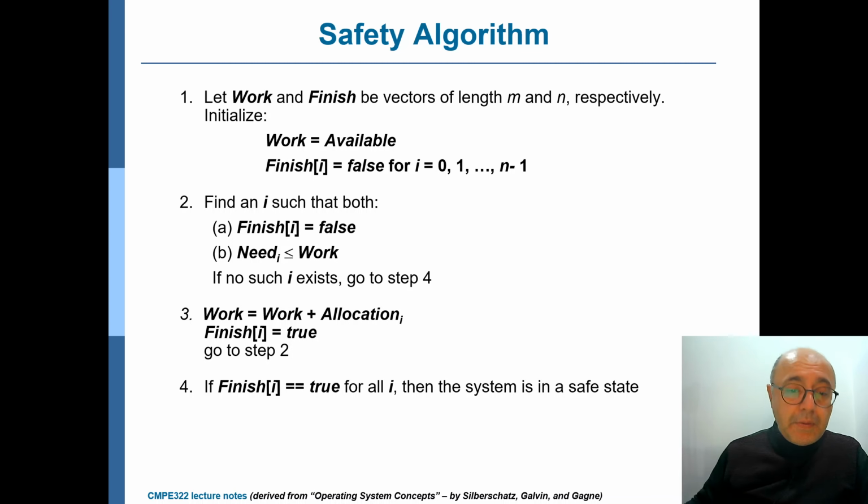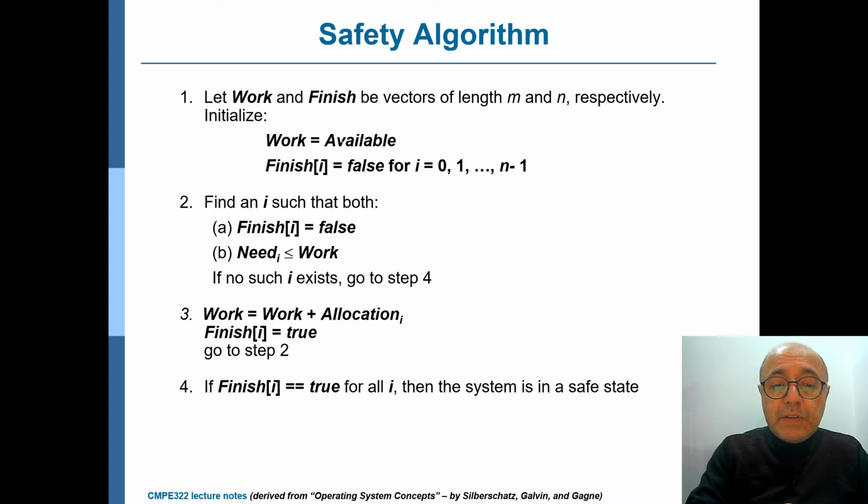Okay, so we go to step 2 now. Once we have initialized these vectors, we go to step 2 and we search for some process Pi, any process, we don't care which one. Find any process Pi which could be completed by the currently available resources.